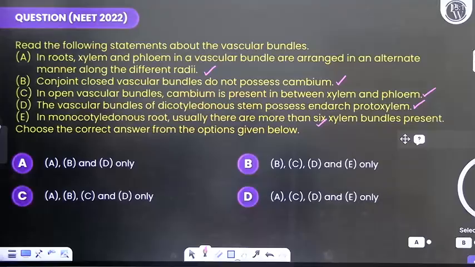Correct. Can you tell me where we went wrong? Just give me 1 minute. I will quickly check. Usually there are more than 6. Correct. No, more than 6 vascular bundles will be present in monocot root.